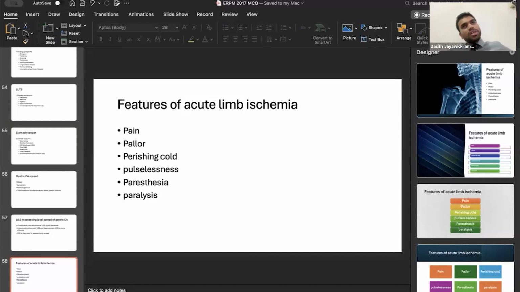Okay, projectile vomiting. I said chronic pancreatitis can cause inflammatory masses. Now one of these inflammatory masses can cause gastric outlet obstruction also. In that case, although rarely, it can cause projectile vomiting. So that's also a possibility.